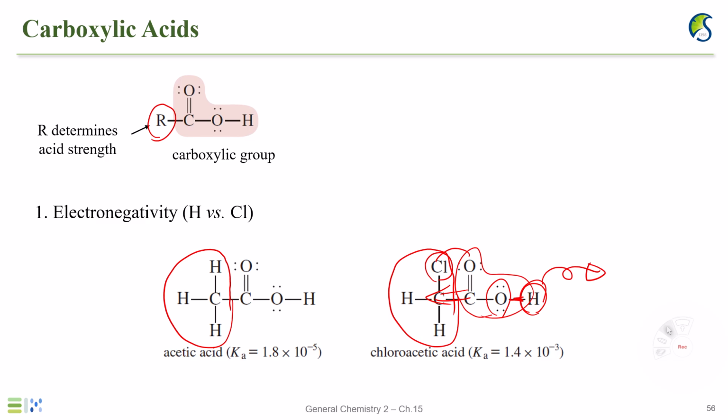That's why the carboxylic acid with CH2Cl as a functional group has a higher Ka value than acetic acid, which has a functional group of CH3.